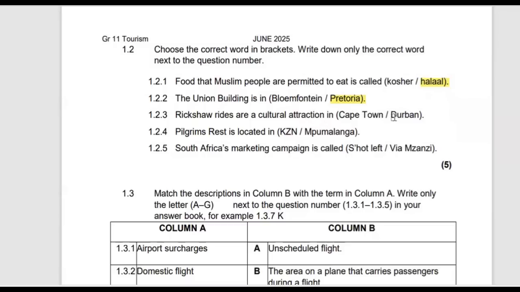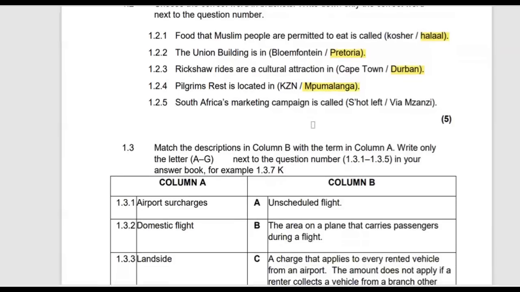So the culture of riding rickshaws is common in Durban. So the correct answer there would be Durban. Then Pilgrim's Rest is located in Mpumalanga, a place known as Pilgrim's Rest. It is located in the Eastern Province, which is also known as Mpumalanga.